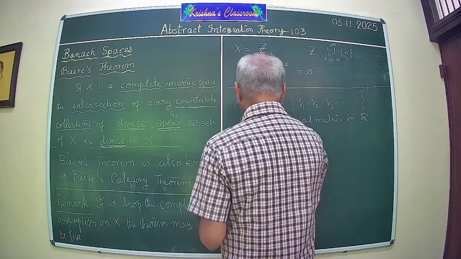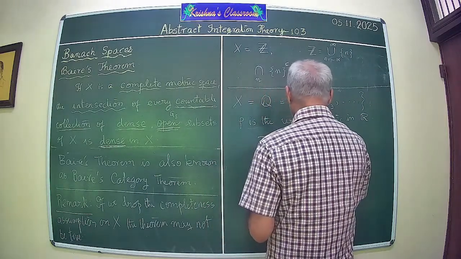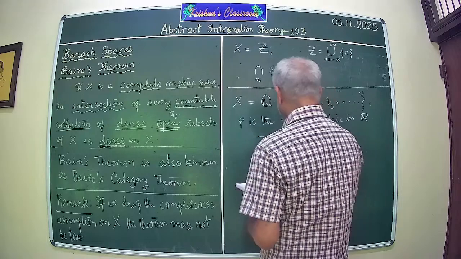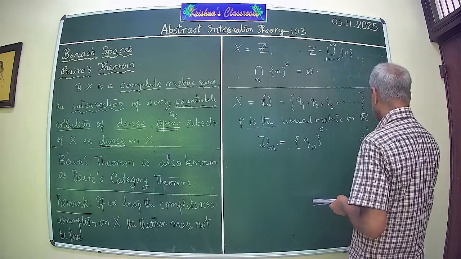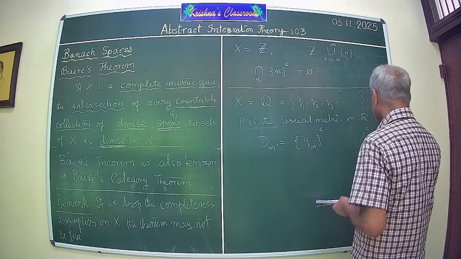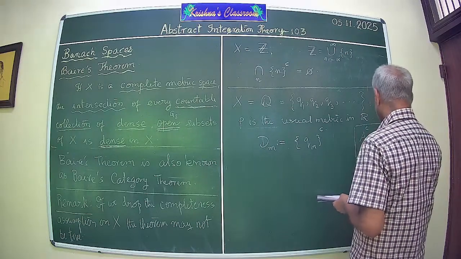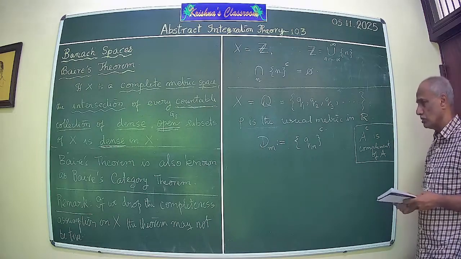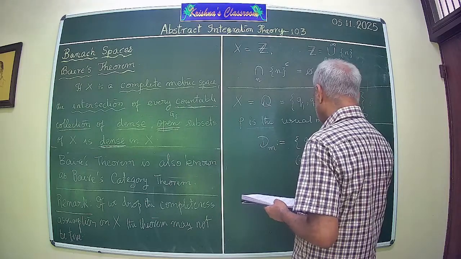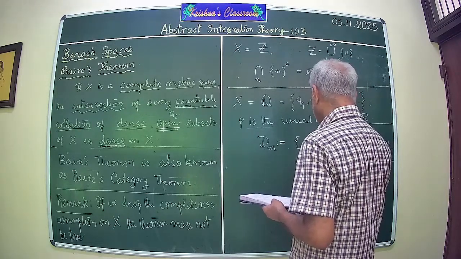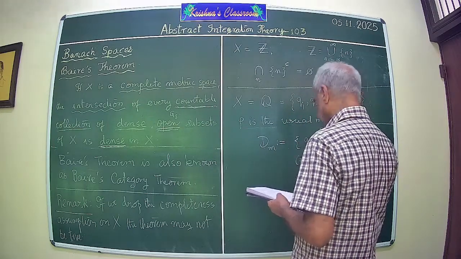Now we write Dm to be the complement of each q_m, that is, the complement of the singleton.